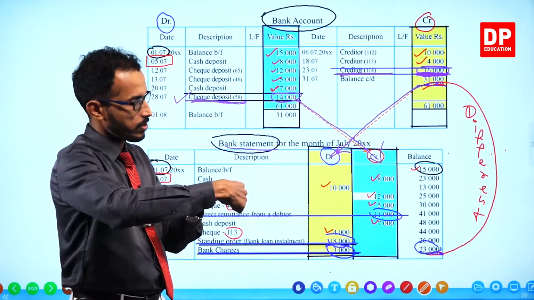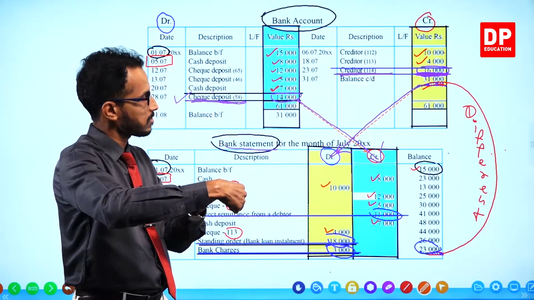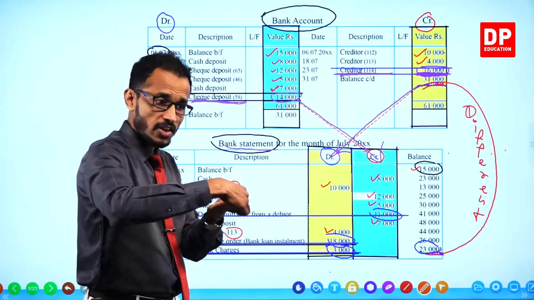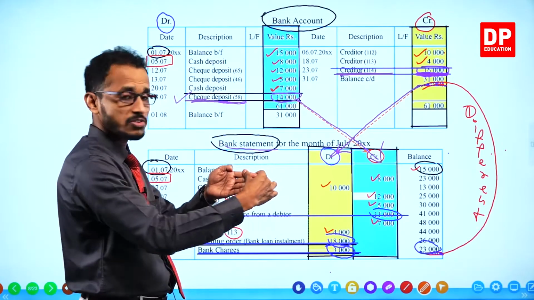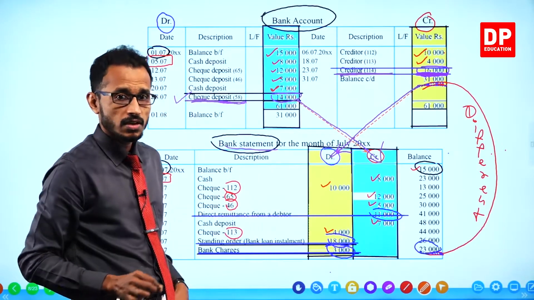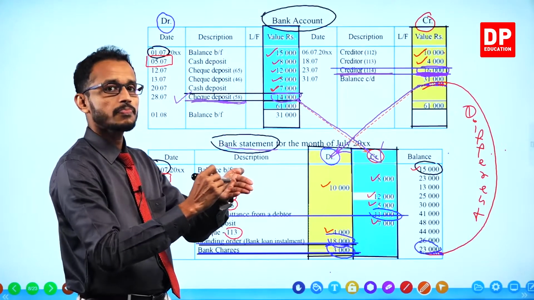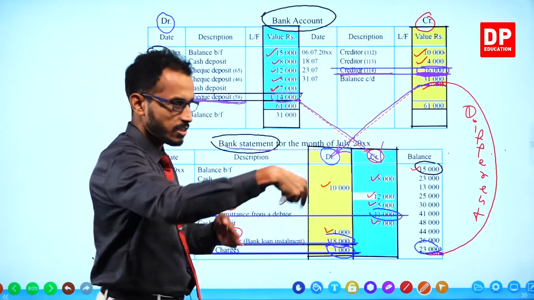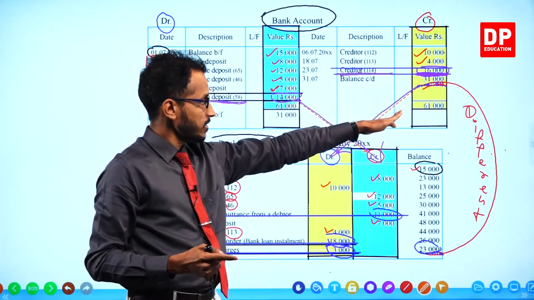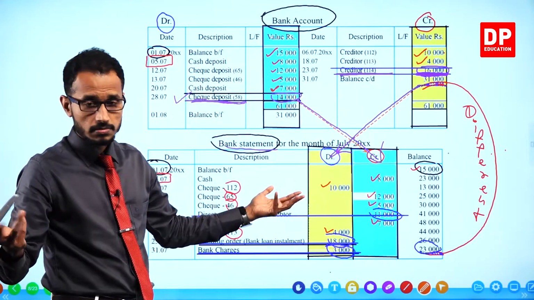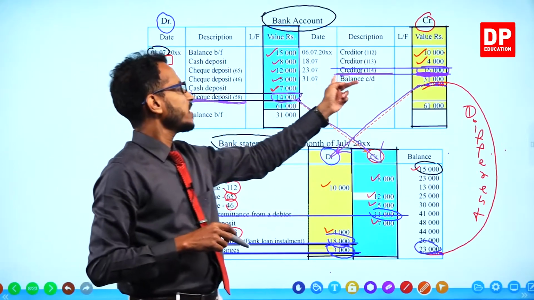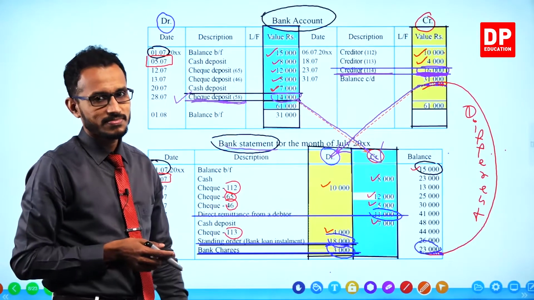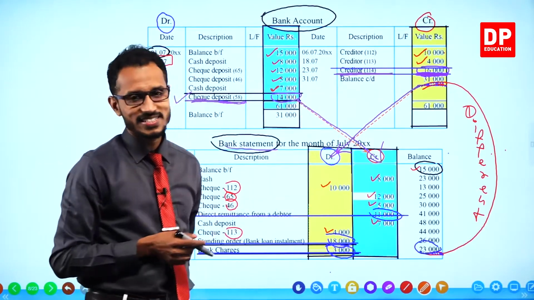We have paid 16,000 to a creditor from our checkbook. We have written a 16,000 check and issued that check to a creditor. But it is not appearing in the bank statement. Which means we have issued but not presented. So they are unpresented checks.